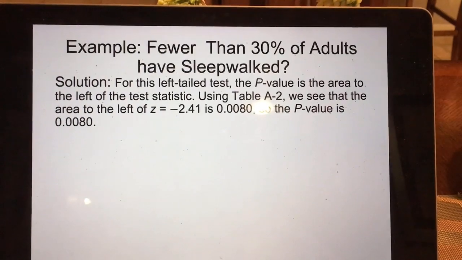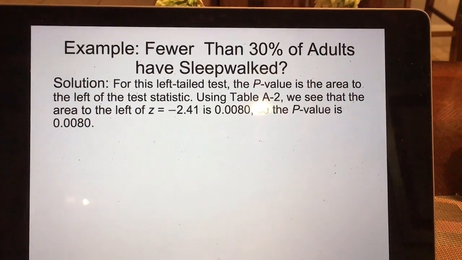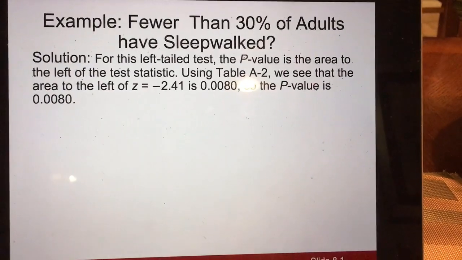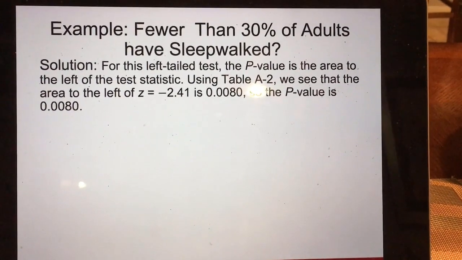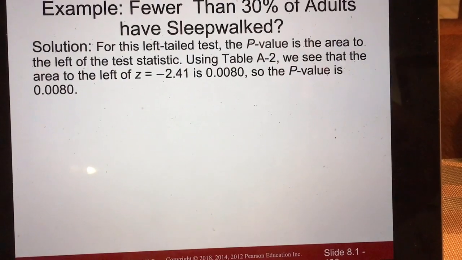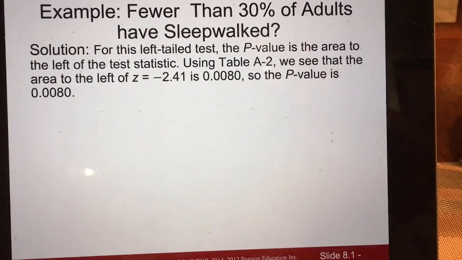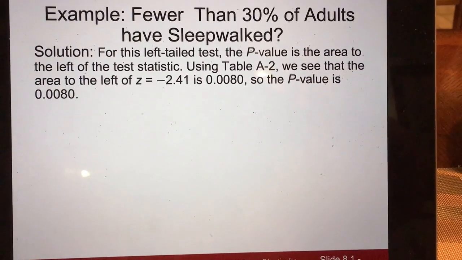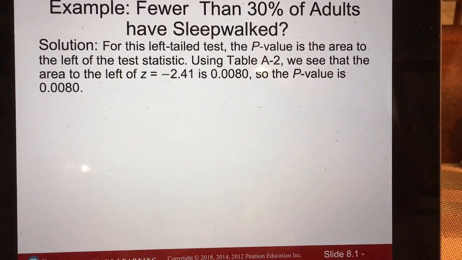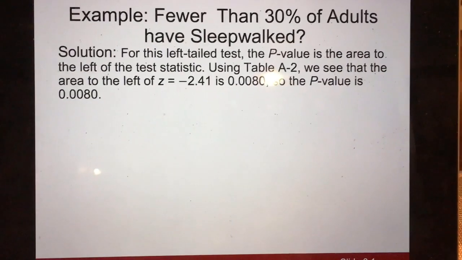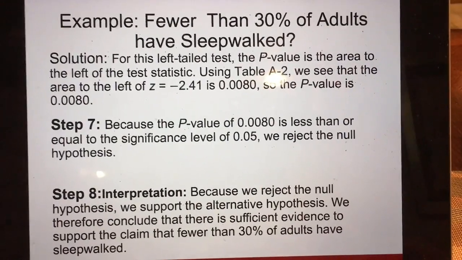The p-value is 0.008, and remember our alpha was 0.05, and 0.008 is less than 0.05, so this is in the rejection region. We're going to have to reject H sub 0.